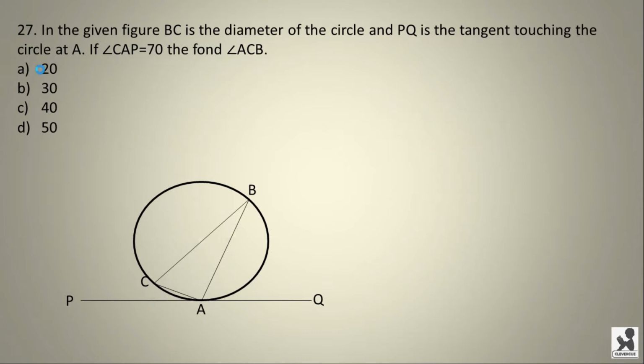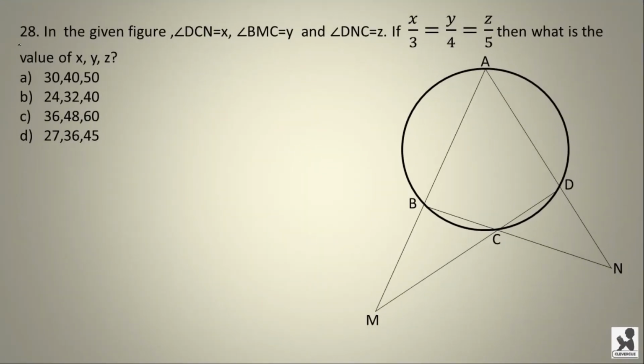Moving to the next question. In the figure, angle DCN is equal to x, and angle BMC is equal to y.